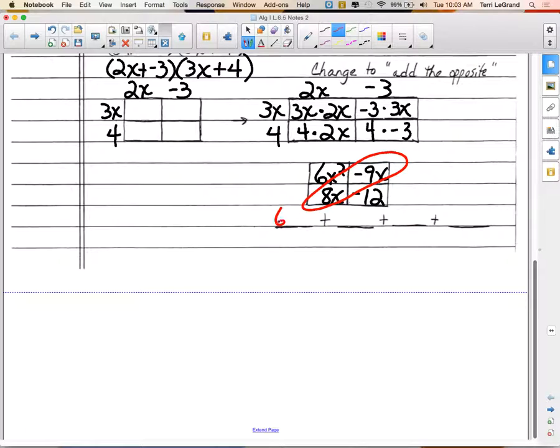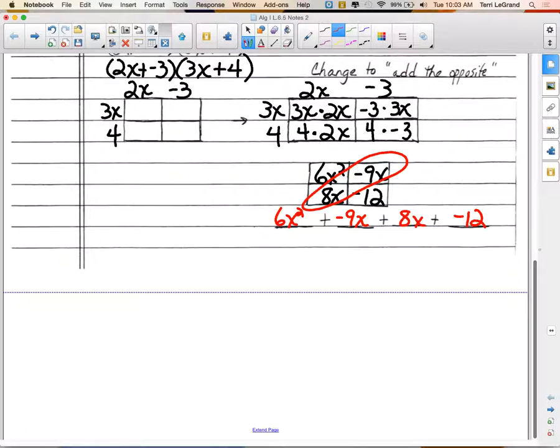So what we really have here is 6x squared plus our -9x plus our 8x plus our -12. Do you see how the like terms line up on the diagonal?